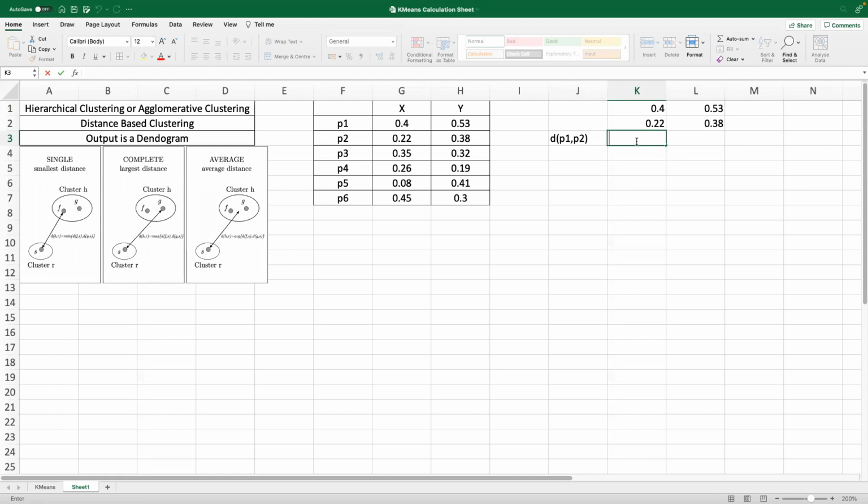That is equal to the square root of (0.4 minus 0.22) to the power of 2 plus (0.53 minus 0.38) to the power of 2. So we got 0.2313. So we will create a Euclidean distance matrix.